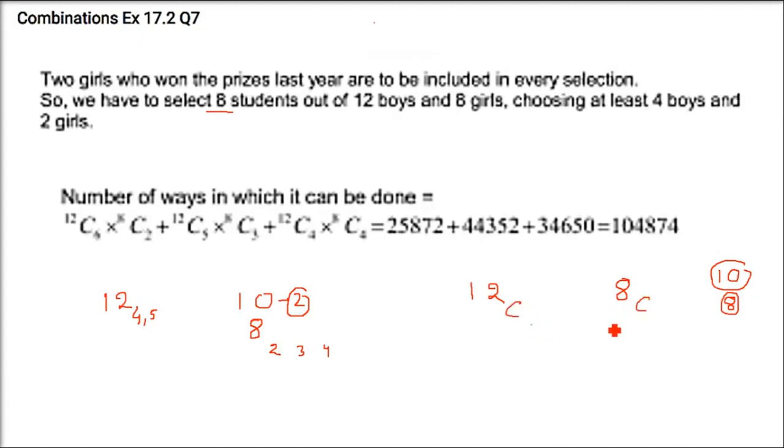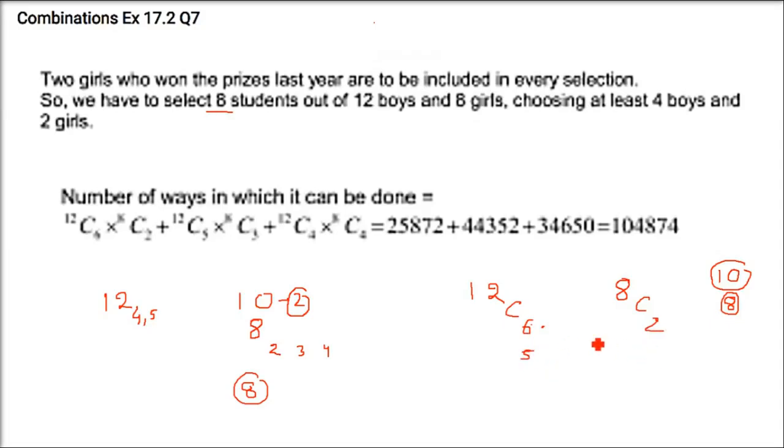See, 12C, and these 2 numbers which are coming below, the addition should be only 8. You cannot go beyond 8 because 2 are already included. So 4 girls, 4 boys. 2 girls are already included. So you have girls as 2, boys as 6 first.